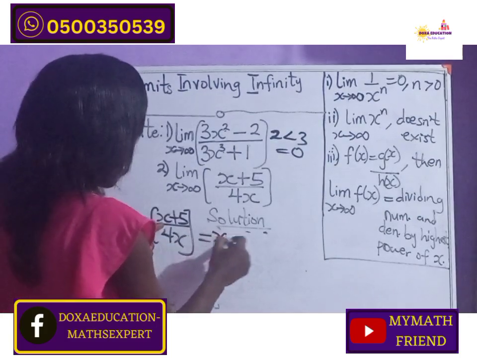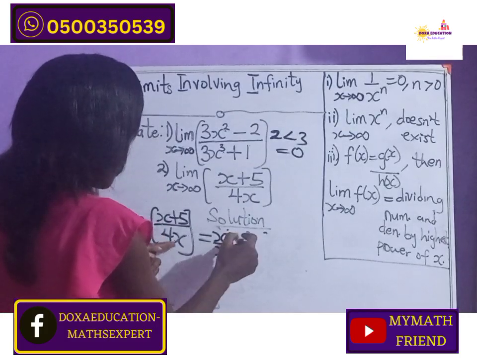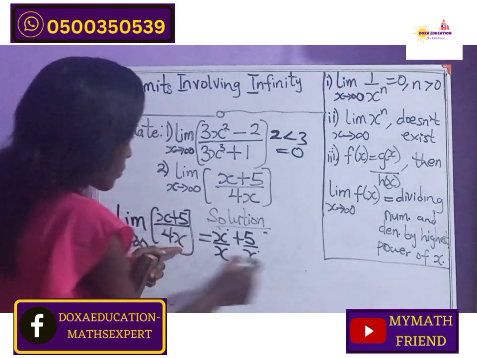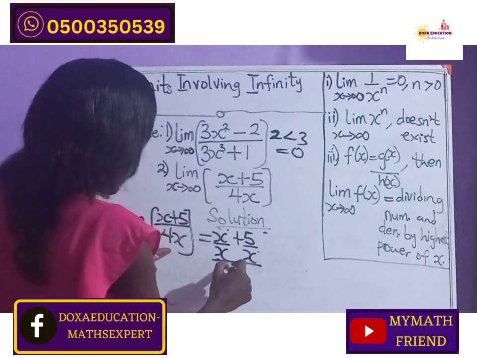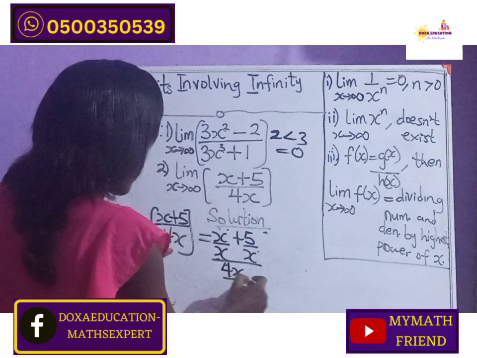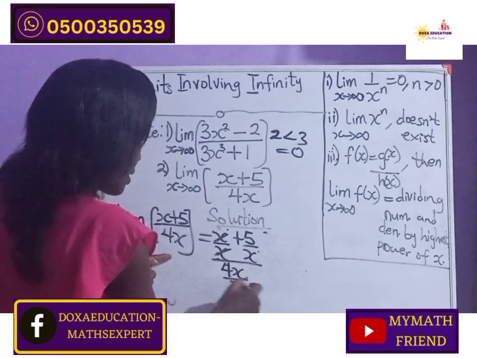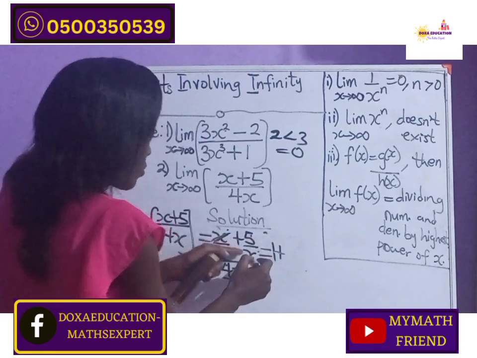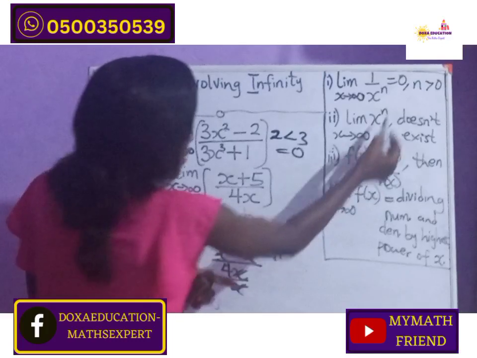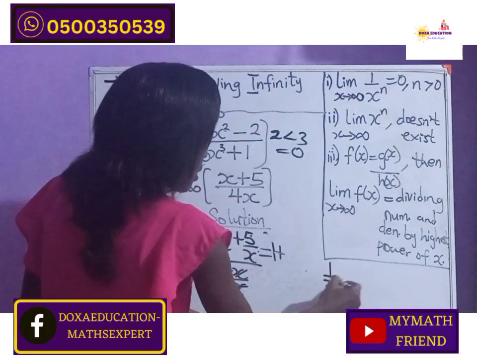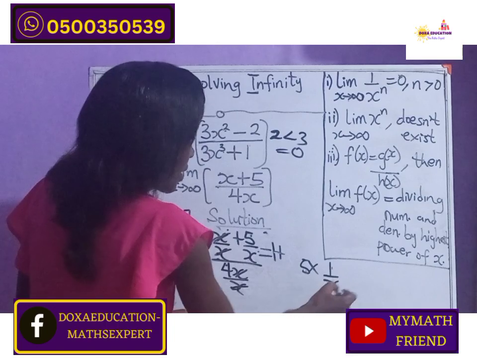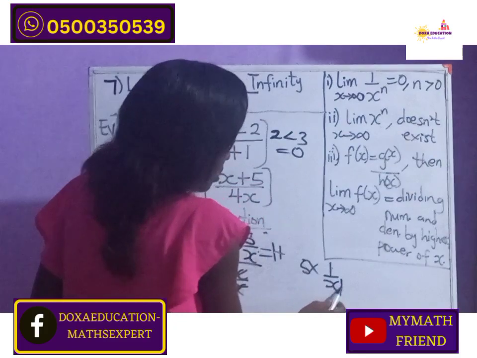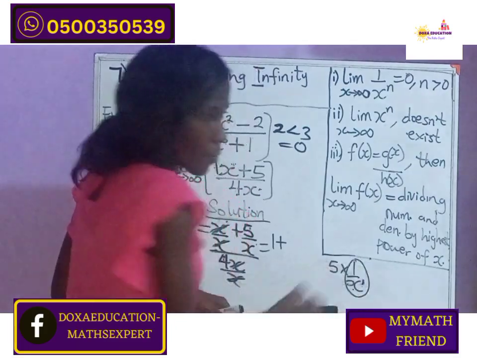So it will be x over x plus 5 over x, all over 4x over x. x cancels x, and you are left with 1, plus 5 times 1 over x, which gives us 0. The power 1 means n is greater than 0, it's positive, so it tends towards 0 from the rule.